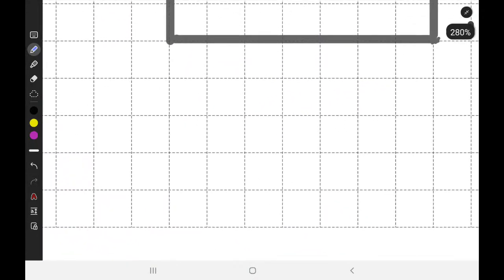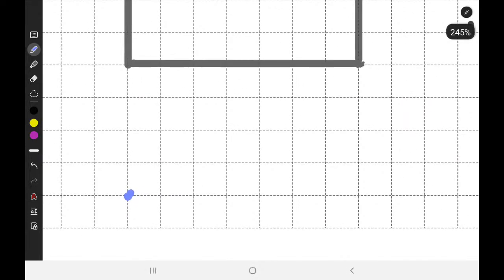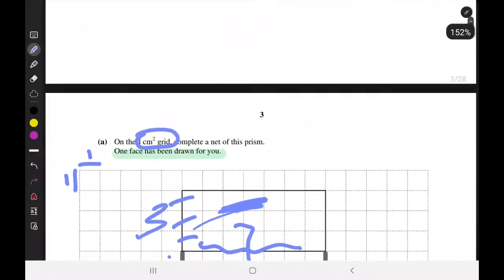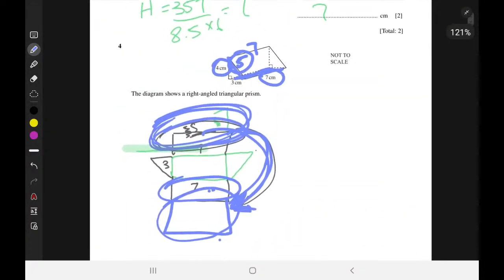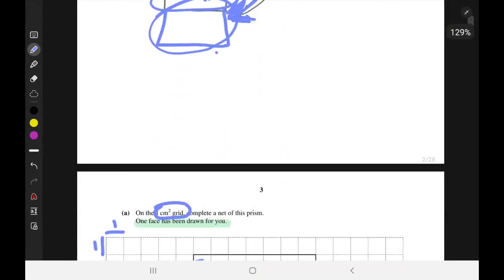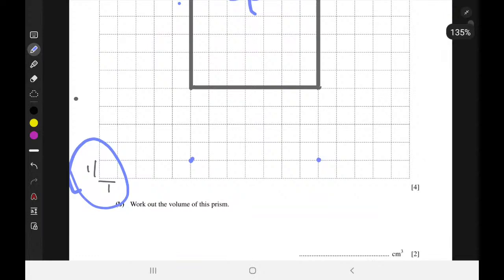I'm going to count over here, 1 2 3 4. Let me mark this point. This is going to be 4. Then of course, are the other dimensions the same or not? Let me check. Yeah, that's 7, so I don't have to change that as well.